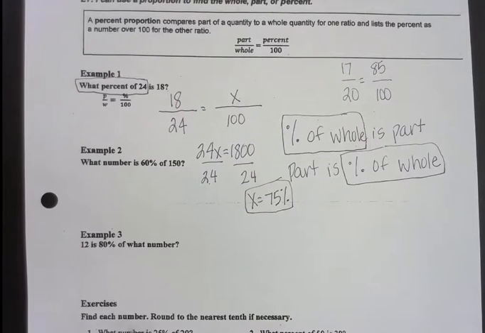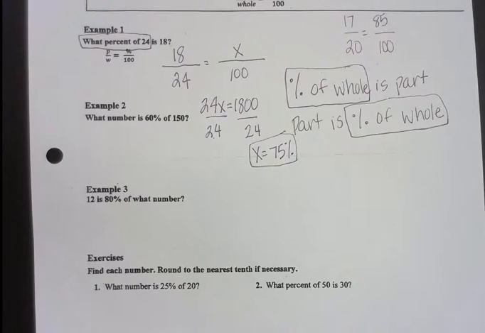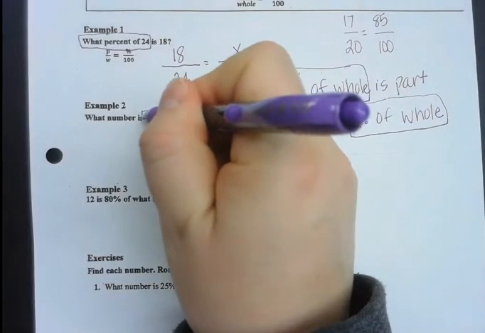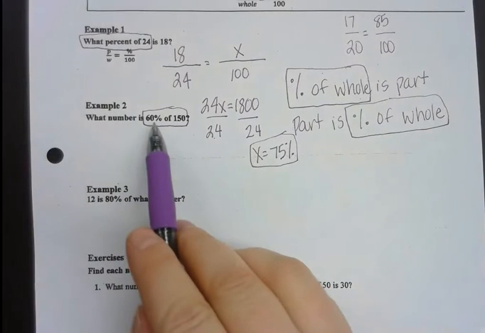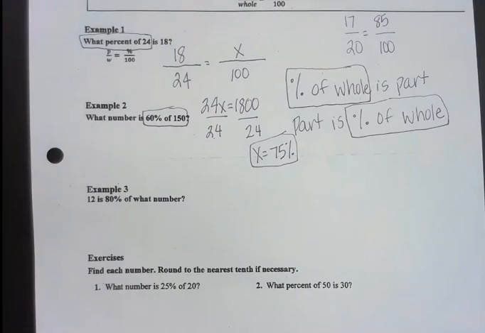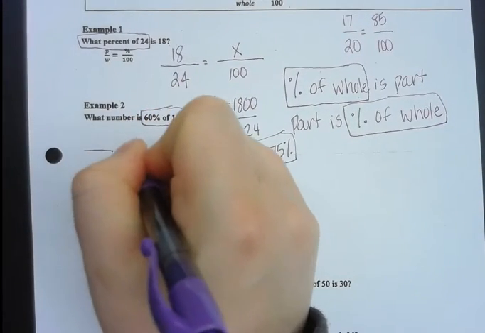Okay, let's move on to example 2. What number is 60% of 150? Put a box around your percent of whole. 60% of 150. So I know this is my percent of the whole. So I have my proportion set up.